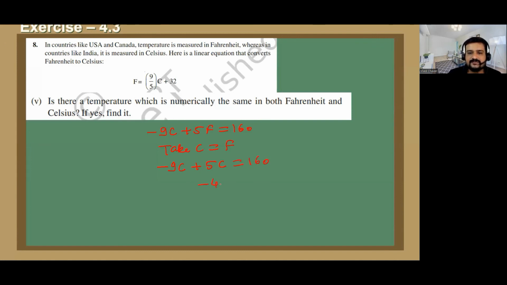So it will come minus 4C will be equal to 160. So C will be equal to minus 40. If C is minus 40, and C is equal to F, so F is also equal to minus 40. So minus 40 is the temperature in degrees Celsius and Fahrenheit where we get the same value.